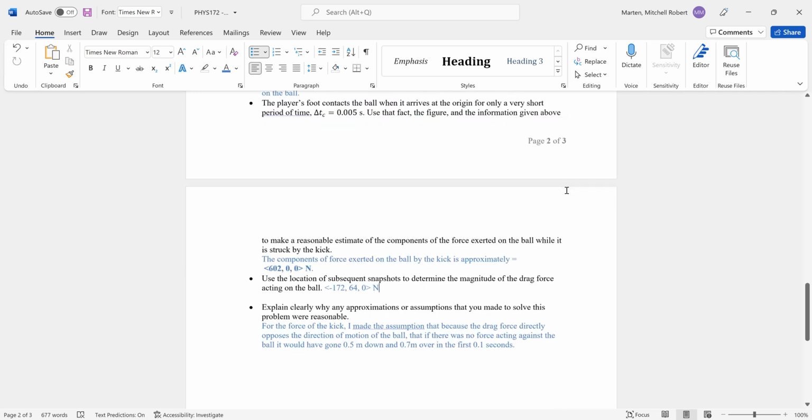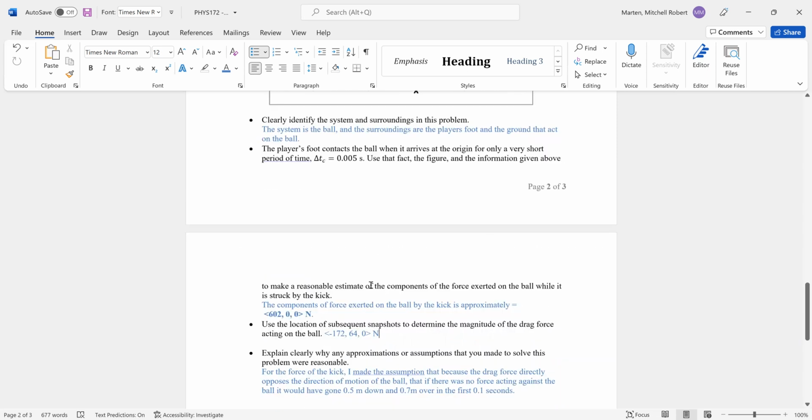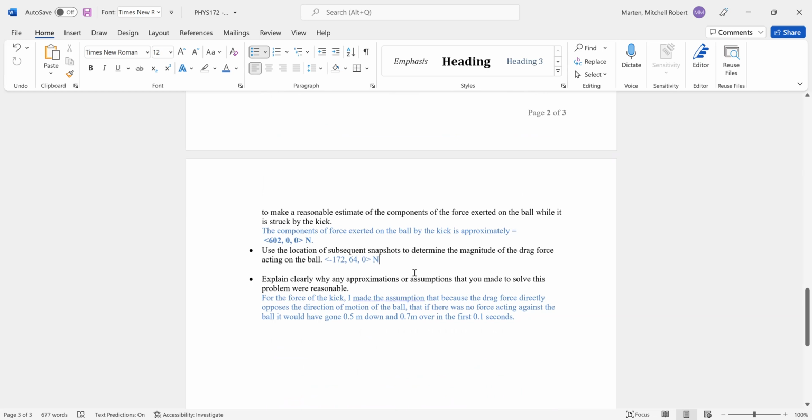But to find the magnitude, don't you have to do the square root of x squared plus y squared? Oh yeah, I guess you're right. I can do that real quick. Magnitude is 183 newtons.